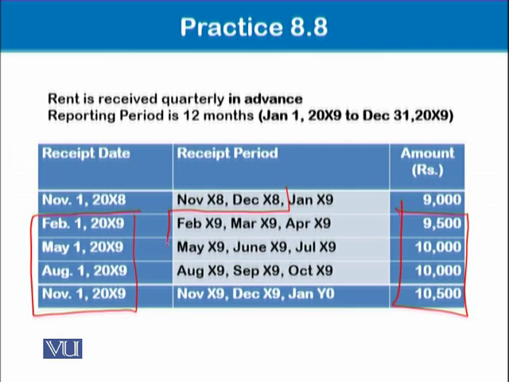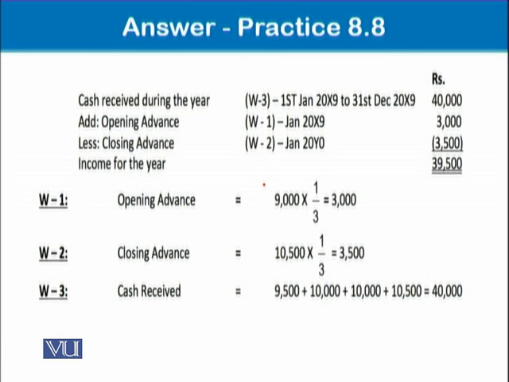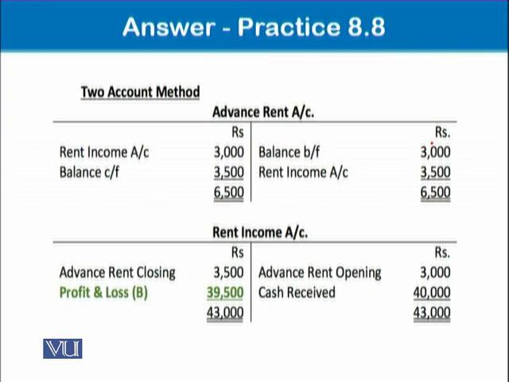And this is the working, quite clear to us now, that this is the amount 40,000 received, and this is the adjustment of opening advance and closing advance. The final figure is this, but what we have to learn is how these two accounts will appear now.